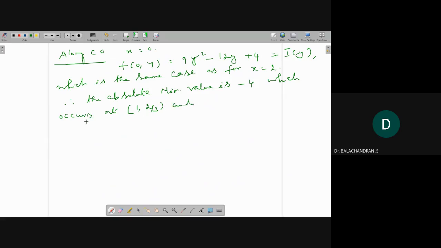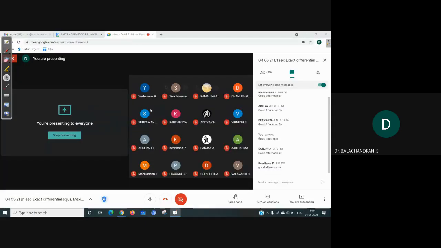the absolute maximum value is, so please tell, what is the absolute maximum value? Anyone? Yeah, 49.